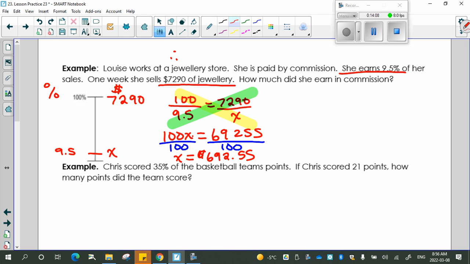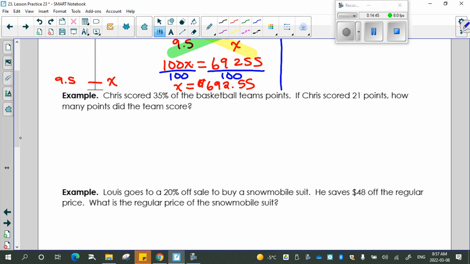So therefore, Louise earns $692.55. Okay, and does that number make sense? Well, it's a lot less than 7,290, and 9.5% is a lot less than 100%, so it makes sense. Did anyone do this one another way and get the same answer? No. Okay.